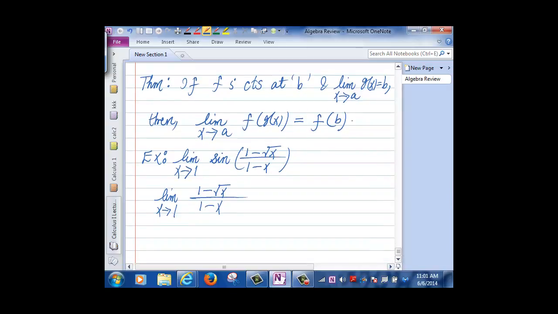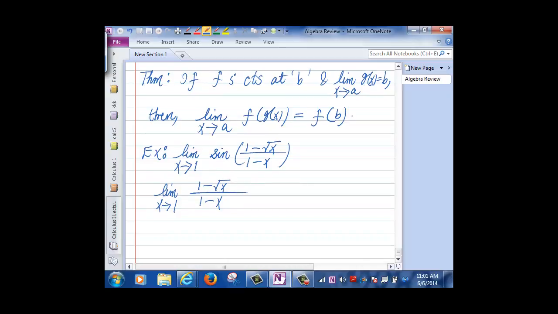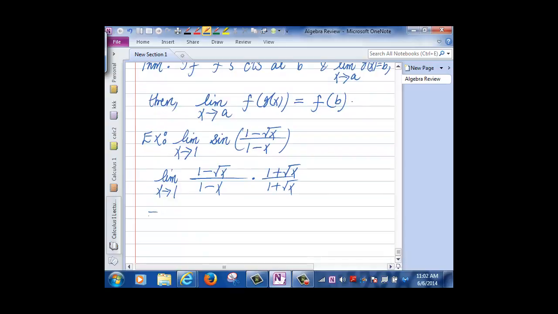You can factor out the denominator, you mean? Yes. And another trick would be what? Rationalize. So you get that this is the limit as x going to 1. If I multiply in the numerator, I get 1 minus x.